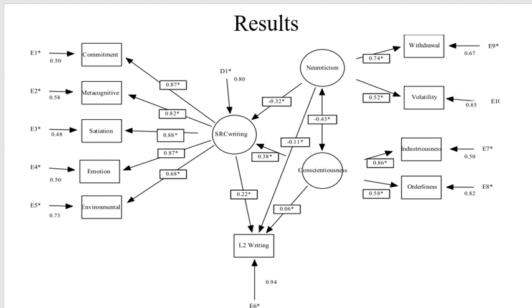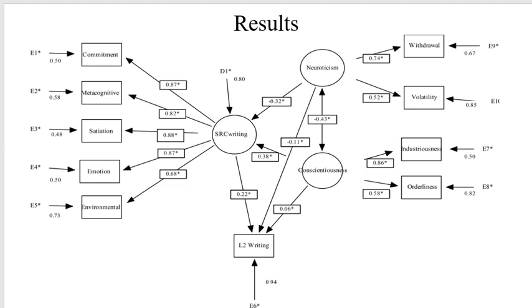Neuroticism and conscientiousness were negatively associated with each other. We can say from here 0.48. Accordingly, their influence was also contrasting with respect to SRC. Conscientiousness negatively influenced SRC and neuroticism positively did.